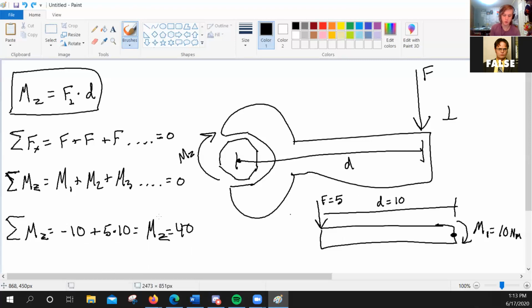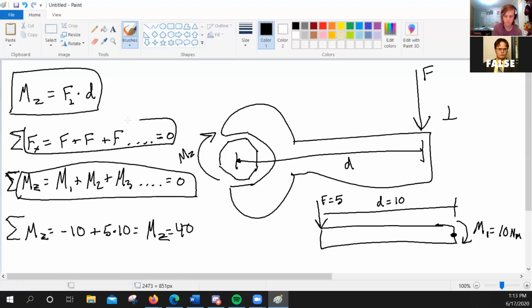So basically moments work the same way as our forces did. The only difference is that you're multiplying a force by a distance to get the moment, rather than adding. I mean, you add all of the different moments together, but you multiply the force by the distance to get the moment.